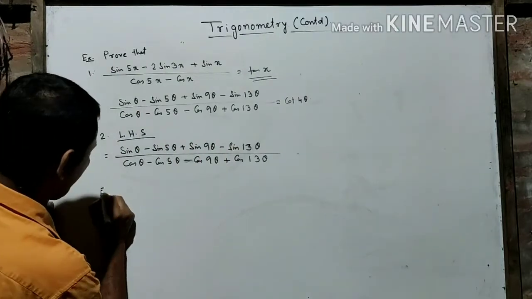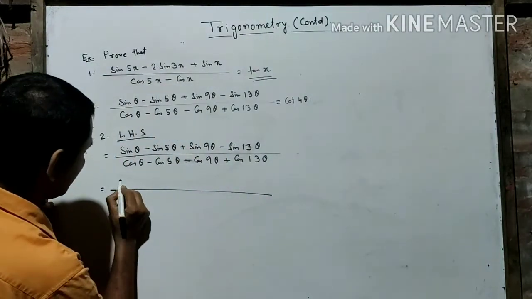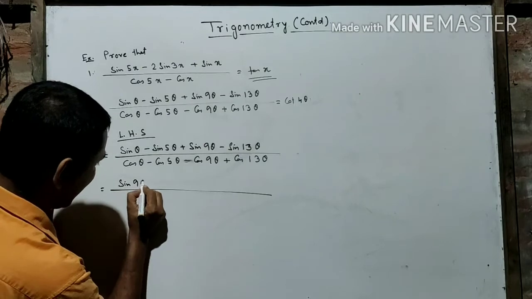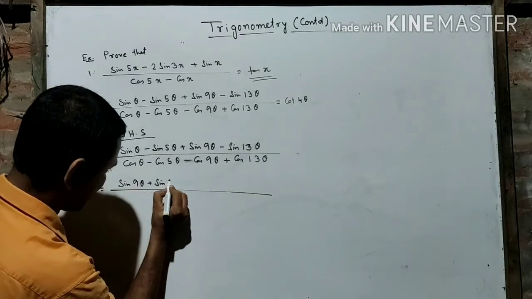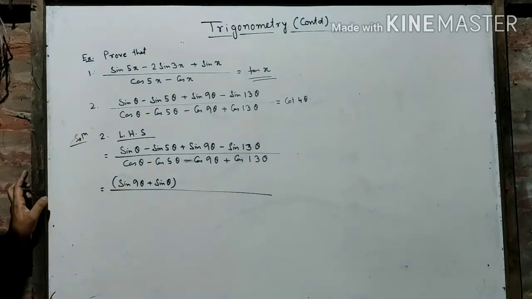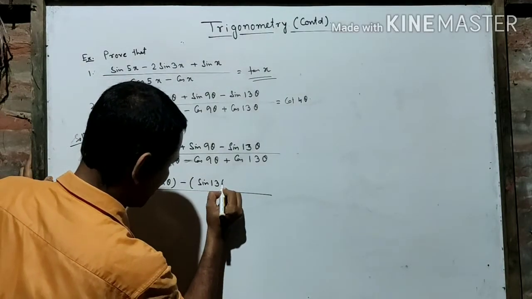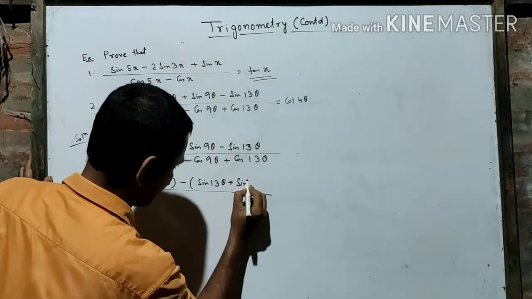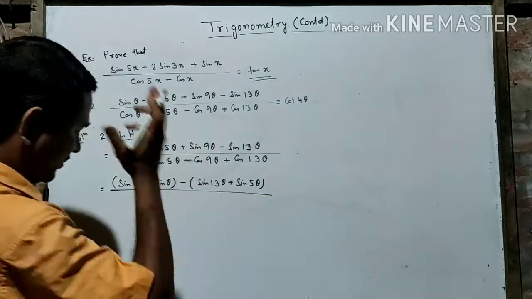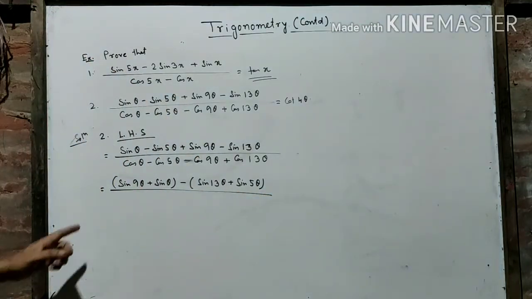Okay, here we go. So we arrange sin 9 theta plus sin theta, then minus sin 13 theta plus sin 5 theta. Okay.